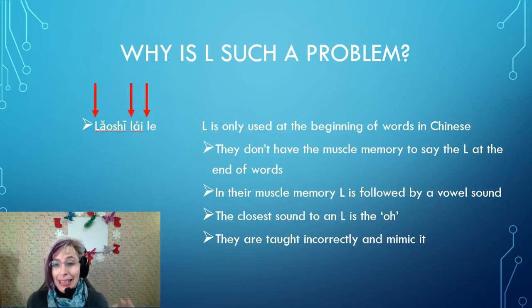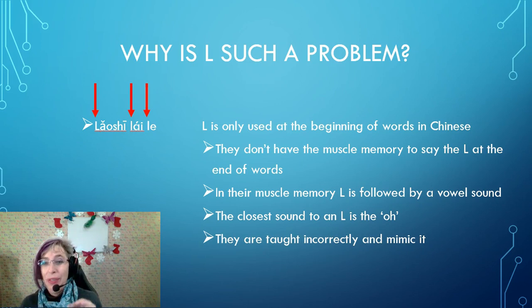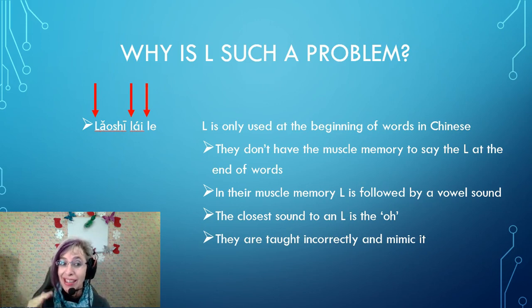The L is used only at the beginning of words in Chinese. It's never in the middle and it's never at the end. So they don't have the muscle memory to say an L at the end of the word. And if you remember, most of their words end in vowels. And in their muscle memory, L is followed by a vowel.